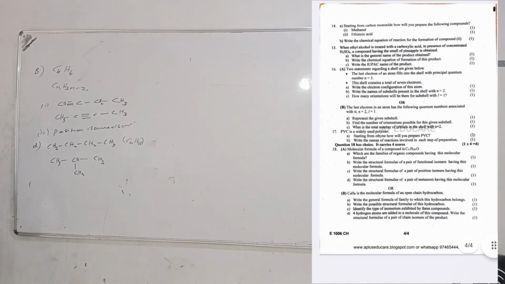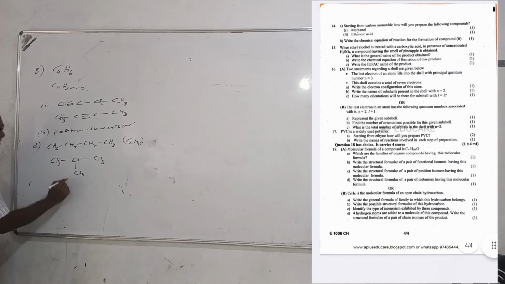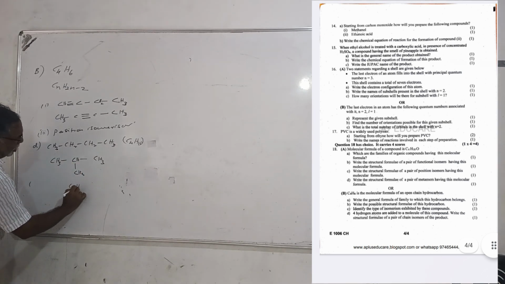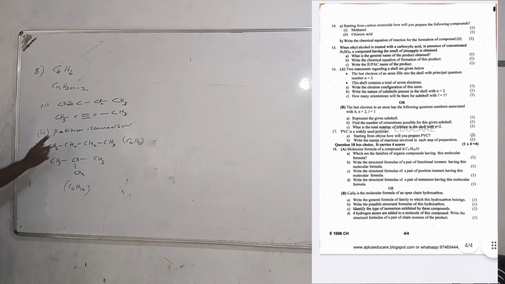Here also 1, 2, 3, 4, C4H10. This is butane. This is 2-methylpropane.